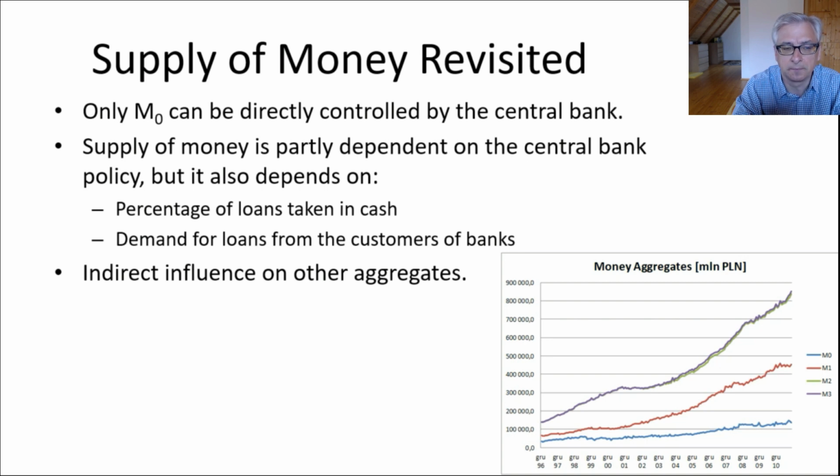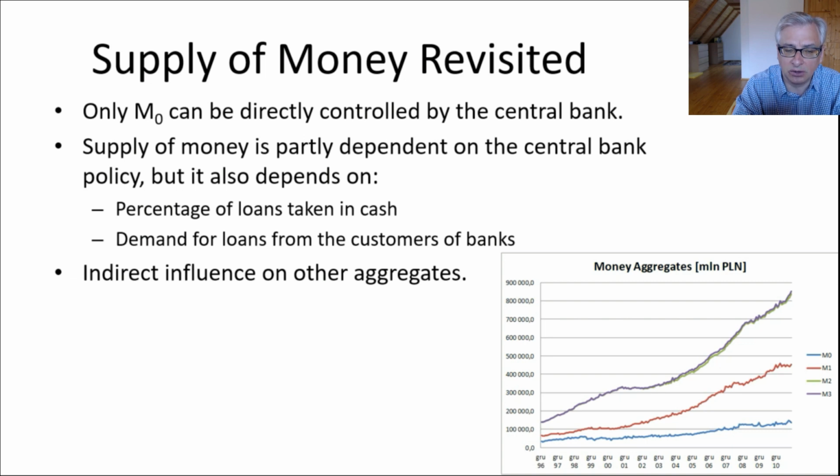This is cash, and since cash is issued by the central bank, the central bank can decide how big M0 is. But then the supply of money is actually something bigger. M2 is considered to be the supply of money, and this M2 is created on the basis of M0, but it is created by the banking system.